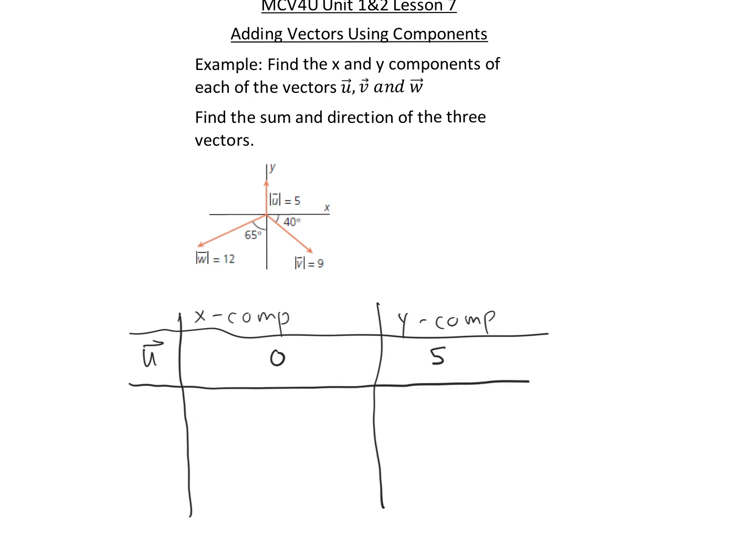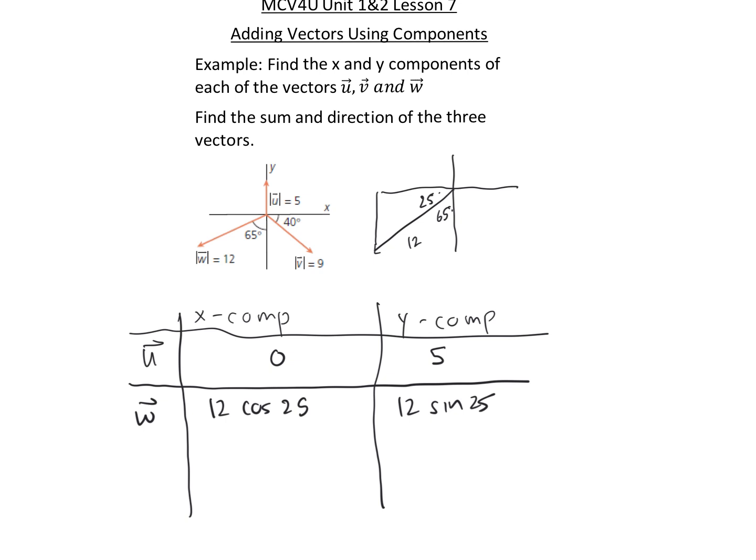The w, I'm going to draw a separate triangle for w, separate diagram. So w is going this way at 12. Connect to the x-axis, so we don't want to use the 65. We want to use the angle it makes with the x-axis, which is going to be 25. So for w, we will have the magnitude times cosine 25 and sine 25.